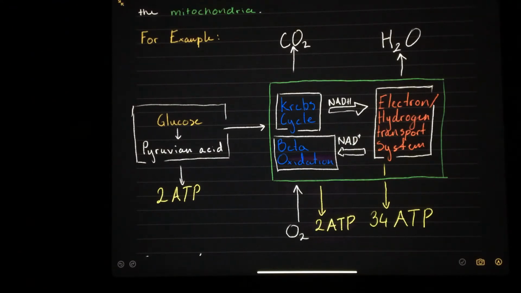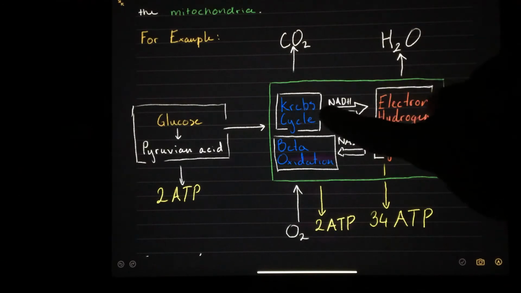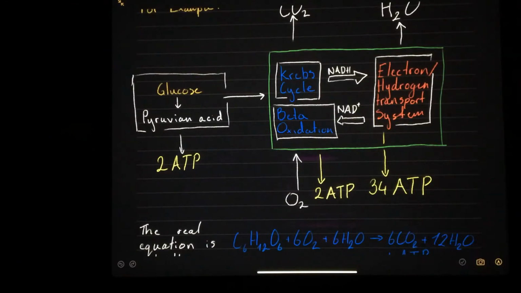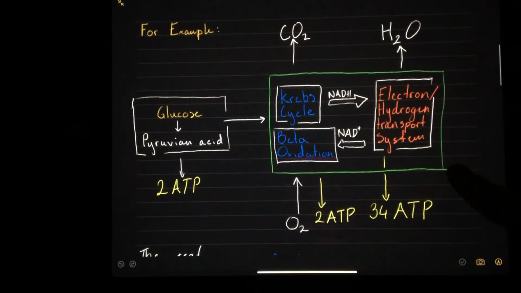aerobic respiration. So first it goes through the Krebs cycle as well as the beta oxidation phase, and that in itself is when oxygen is used and carbon dioxide is given off as waste, and as the final product it generates 2 ATP.